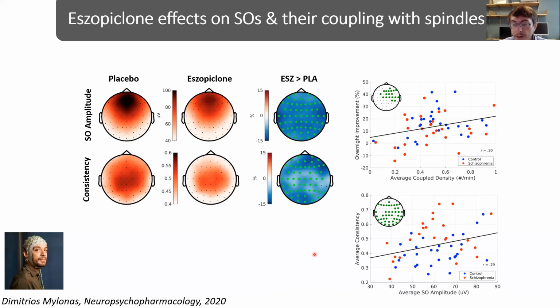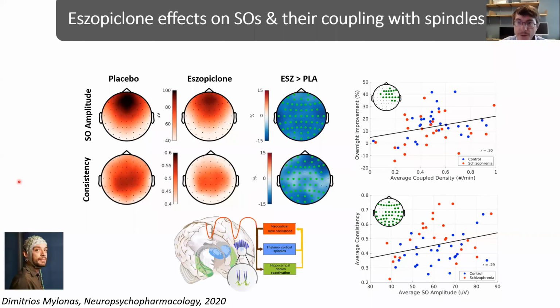And the amplitude of the slow oscillation actually correlates with the consistency. So if you're screwing up the slow oscillations, you can screw up this coupling and in turn not improve memory. So we have to keep in mind that the timing of the coupling really is important, and we need to maintain that.